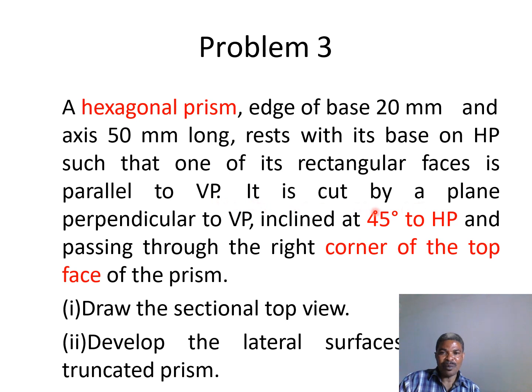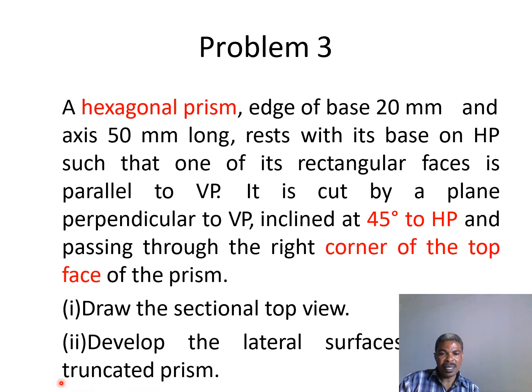It is cut by a plane perpendicular to the vertical plane, inclined at 45 degrees to the horizontal plane, and passing through the right corner of the top face of the prism. So you are told to draw the top view first, then draw the lateral surfaces for the truncated prism.